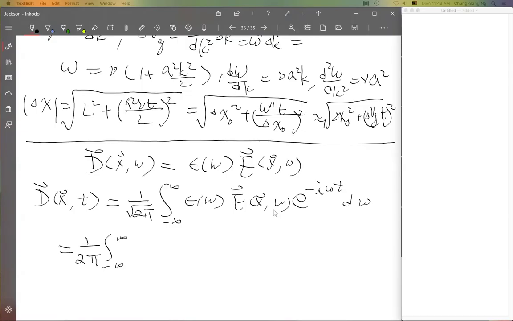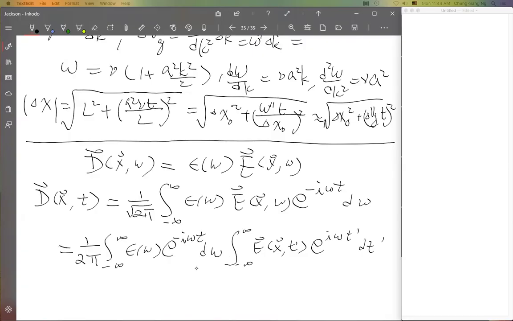For the epsilon part, you keep epsilon(omega) and e to the minus i omega t, d omega. But for E, you change it to integrating E(x, t). Normally it's integrated over t, but we already have a t here, so when you express it as an integral in t, you should use another symbol like t prime. You integrate from minus infinity to infinity, and multiply by e to the i omega t prime, dt prime.